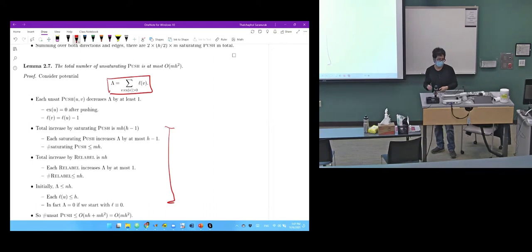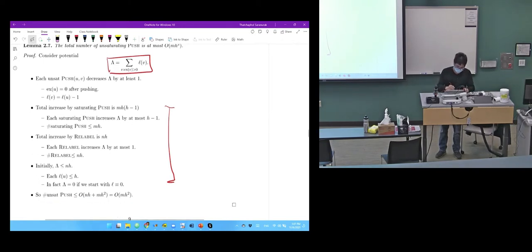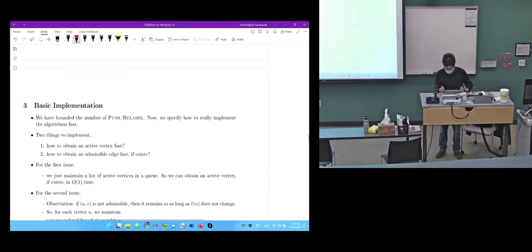That's how you can bound the number of unsaturating pushes. When I said everything else increases the potential by not too much, in total this is something like MH squared, which is why the number of unsaturating pushes is at most NH squared. Okay, so that's the recap.